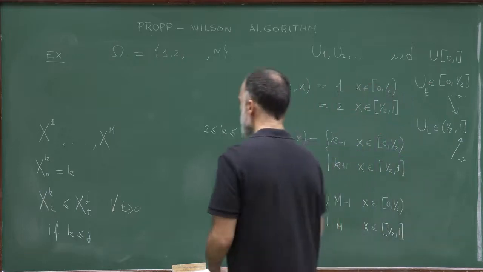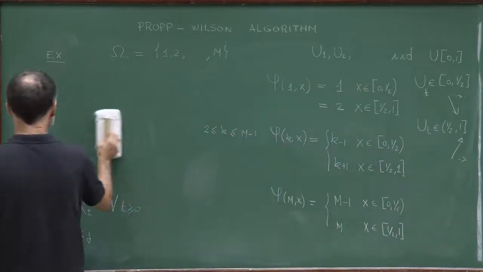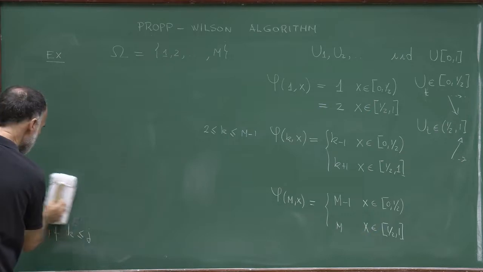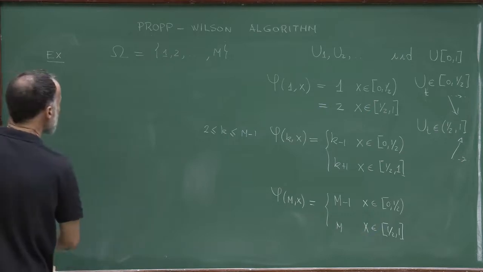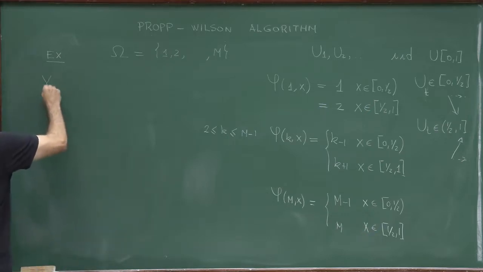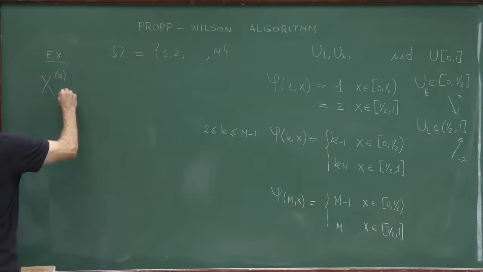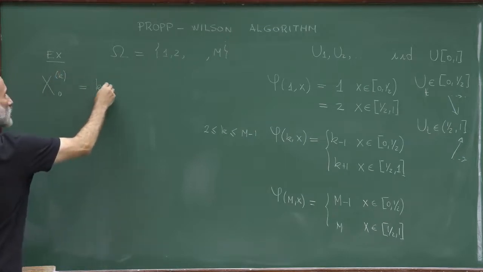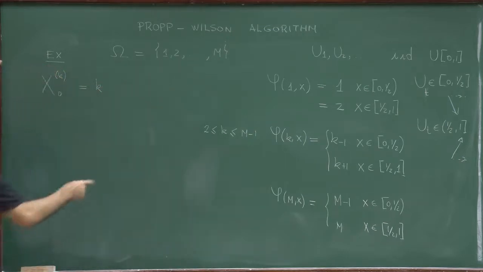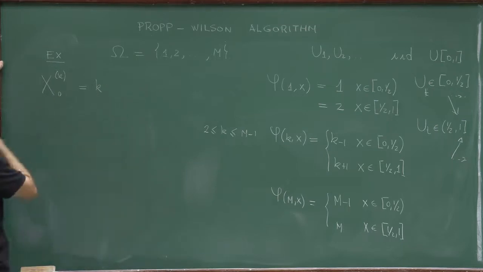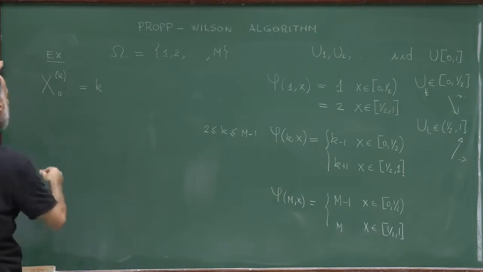So this defines these functions phi, and now I will set X^k_0 equal to k, for k between 1 and m, and I will use these functions and the random variables U in order to define the Markov chain.